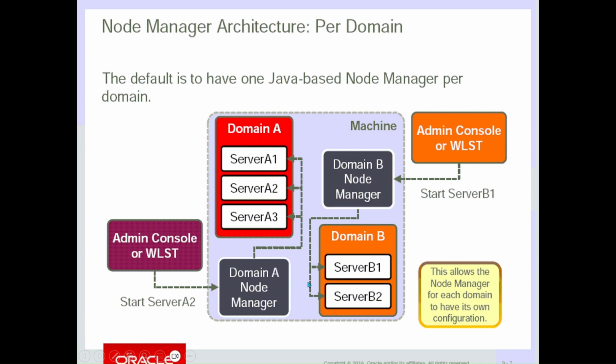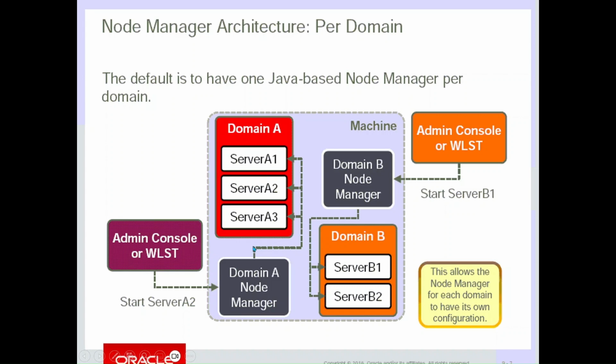Another kind of architecture is per domain. Per domain architecture means one Java-based Node Manager per domain. Here, let's understand we have one machine and there we created multiple domains, but each domain is associated with one Node Manager.